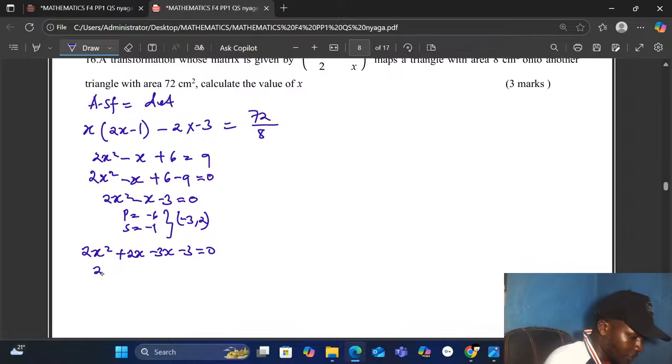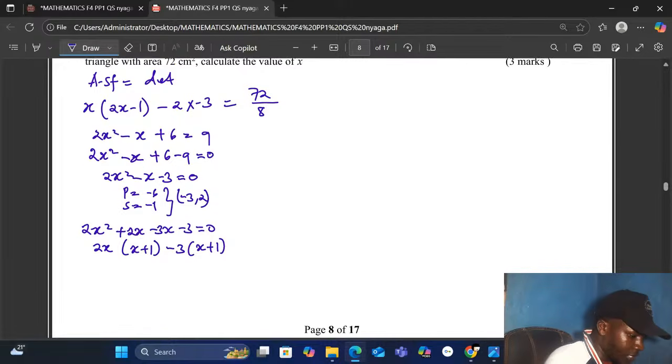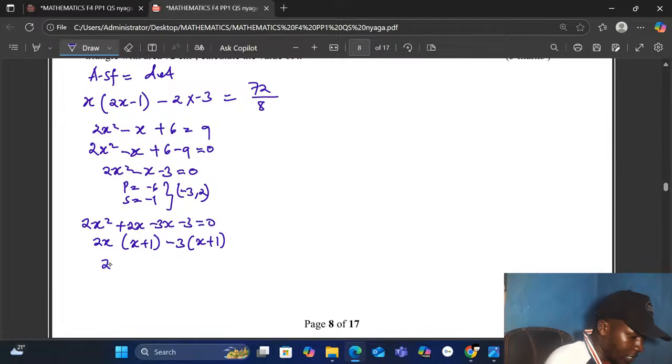So that we have now 2x into x plus 1, we factor out 2x, then minus 3 into x plus 1. So we now take 2x minus 3, then one of this, which is x plus 1, which is equal to 0.